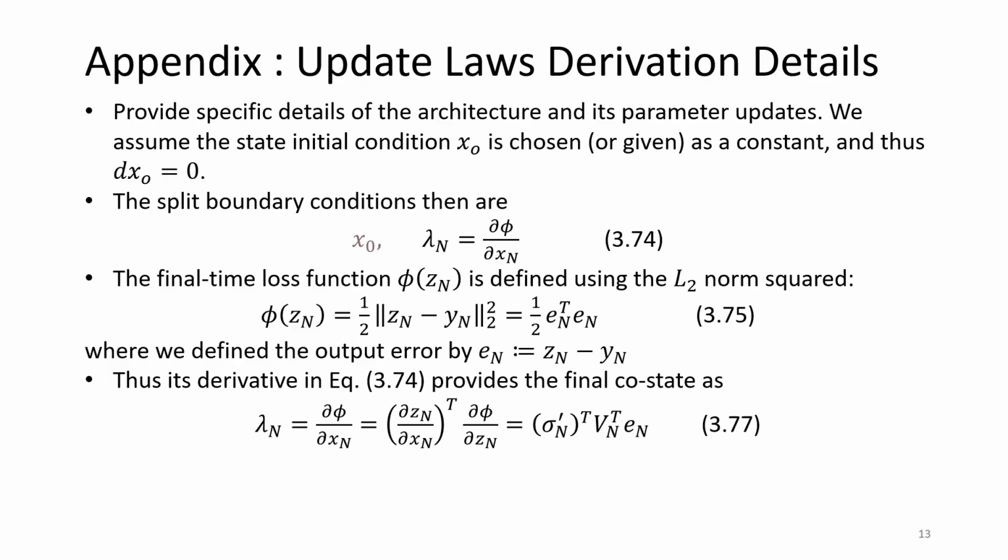We define the final time loss function φ of z_n using the L2 norm squared, then we have equation 3.75, where we define the output error by e_n equals z_n minus y_n. Thus its derivative, in equation 3.76, provides the final cost data shown in equation 3.77.